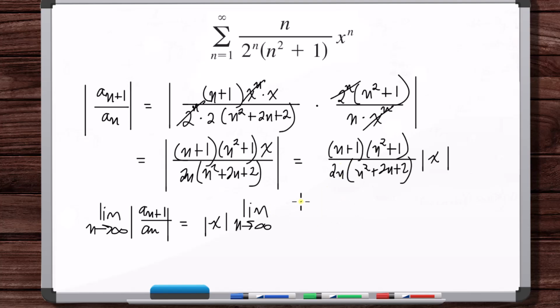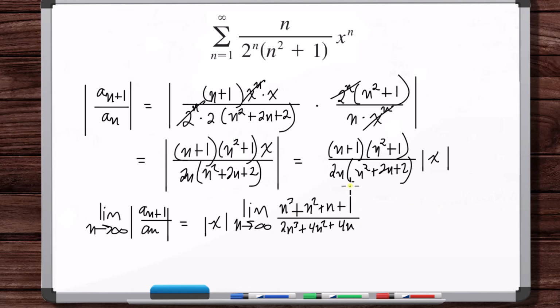Right? This isn't a lesson on limits, but if we expand this out, n cubed plus n squared plus 1, plus n squared plus n plus 1. Here we've got 2n cubed plus 4n squared plus 4n.